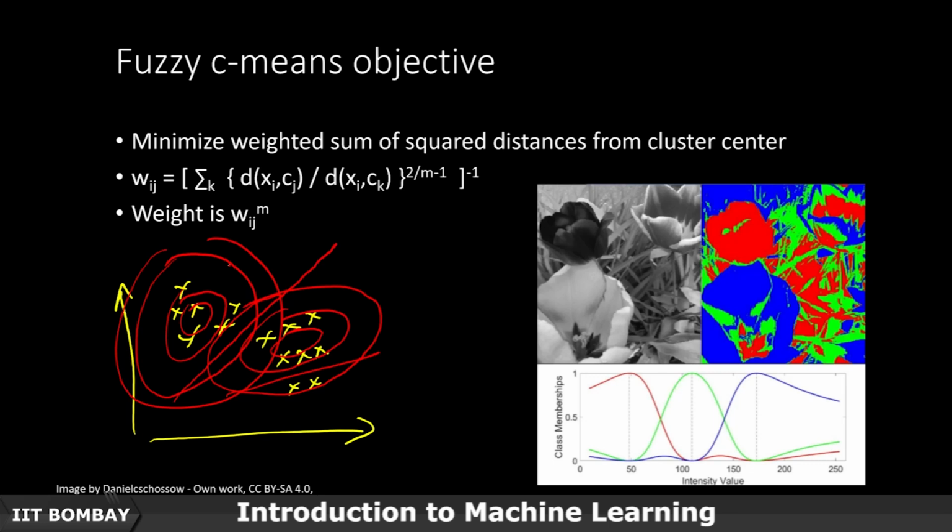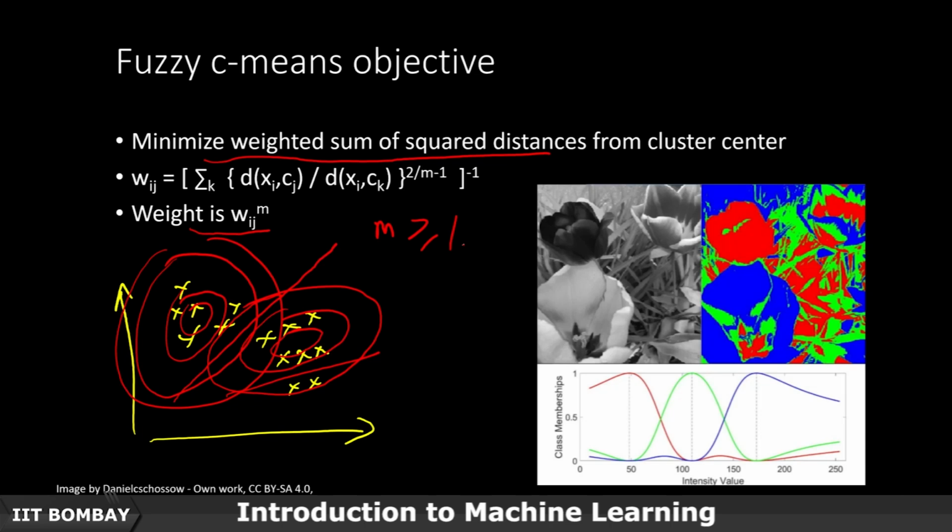So basically what we do is we want to minimize a weighted sum of squared distance as opposed to the sum of squared distance. In k-means it was the sum of squared distance, here we are doing a weighted sum of squared distance, where the weight is some w_ij to the power m, and this m is greater than or equal to 1.